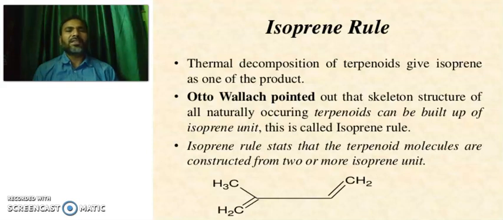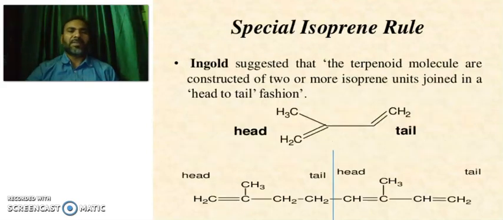You can see this is the molecule known as isoprene, and the repetition of head and tail fashion is present in all terpenoid chemistry. Now, the special isoprene rule. What is the special isoprene rule? This is also very important for your exam. Ingold suggests that terpenoid molecules are constructed of two or more isoprene units joined in a head to tail fashion.